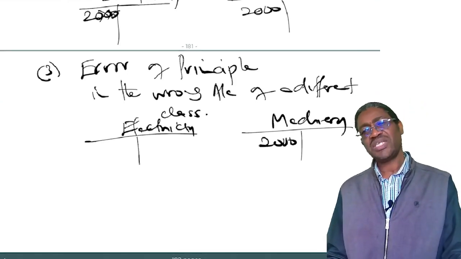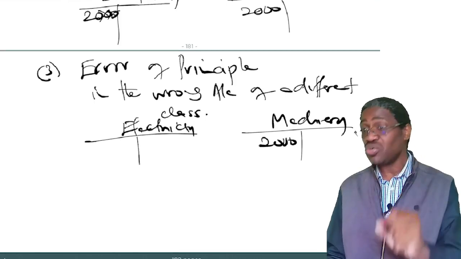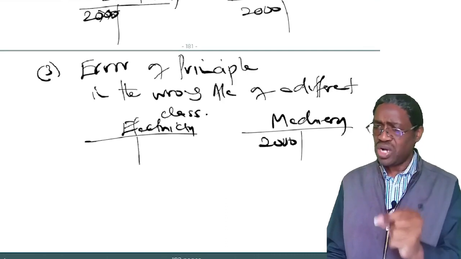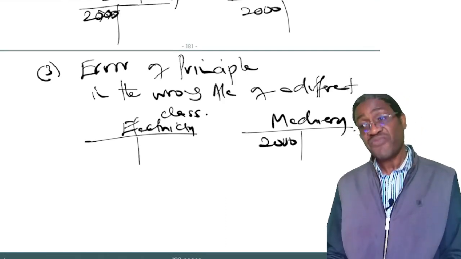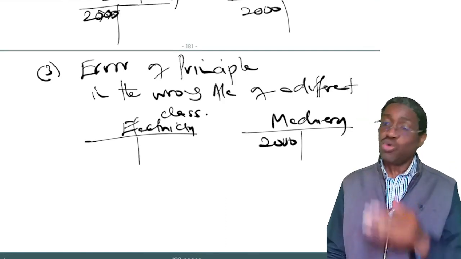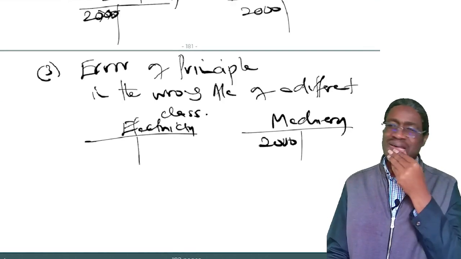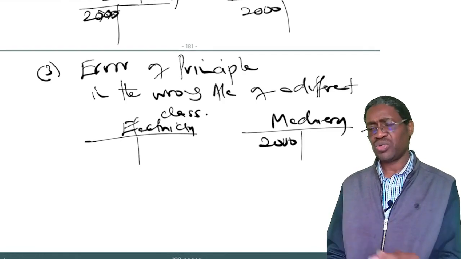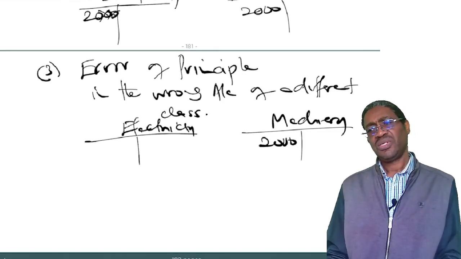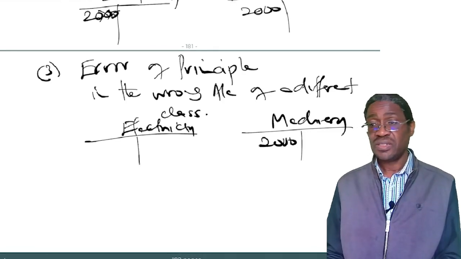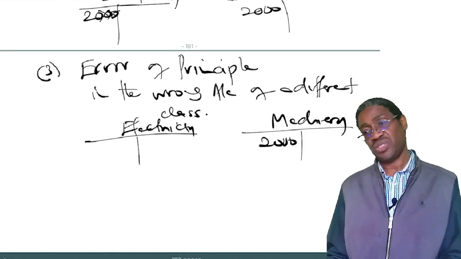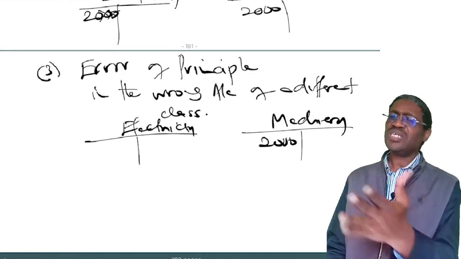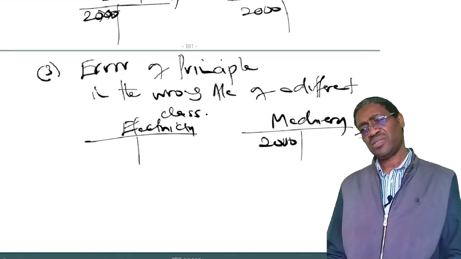We are saying it's an error that occurs when a transaction is recorded in a wrong account of a different class. Could be you purchased a motor vehicle and it was recorded in the sales account. Motor vehicle is an asset. You recorded it in a sales account, which is a revenue account.